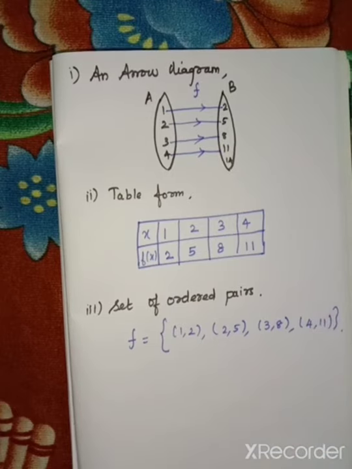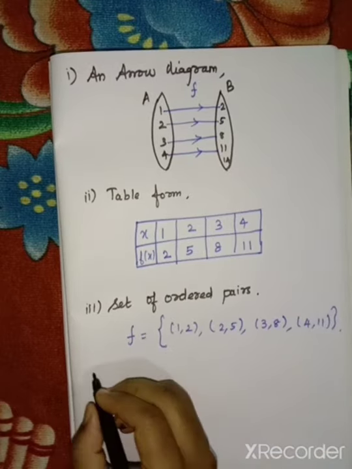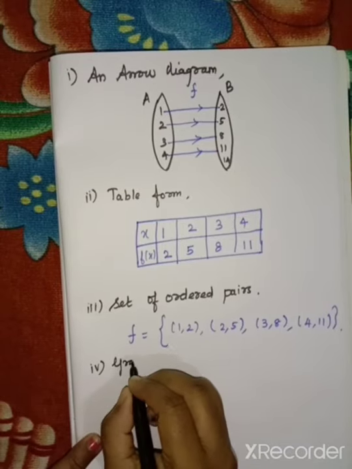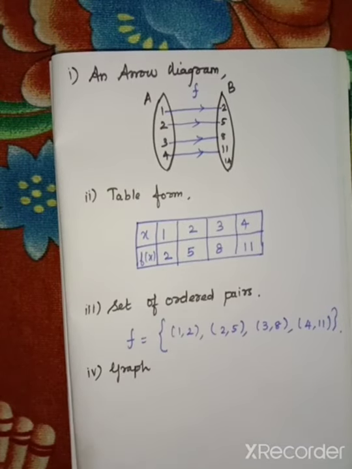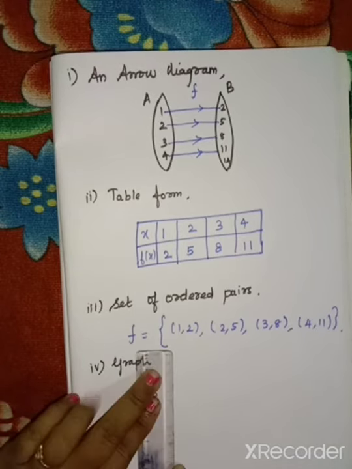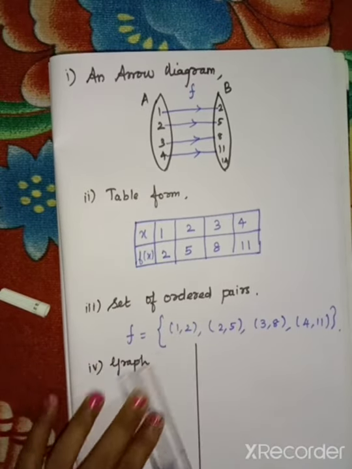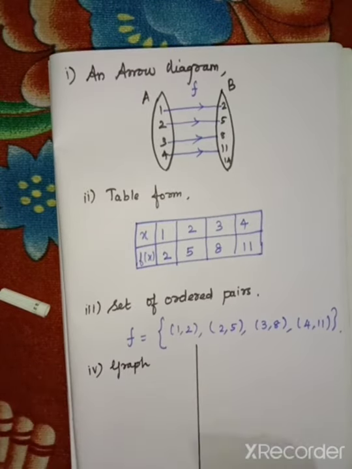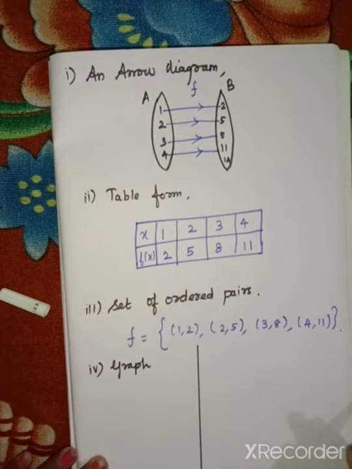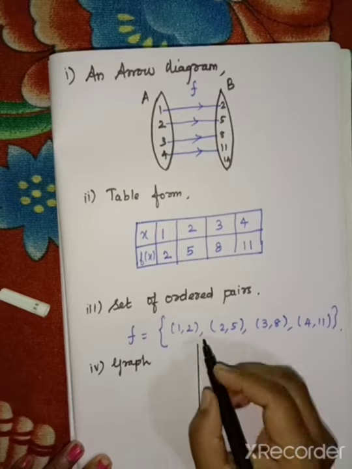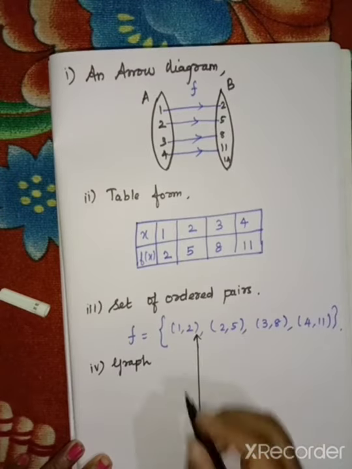At last, the fourth one is the graphical form, or otherwise you just have to write graph. For the graph, use the x and y plane. For the x values, 1, 2, 3, 4 is enough. For y values we have up to 11.